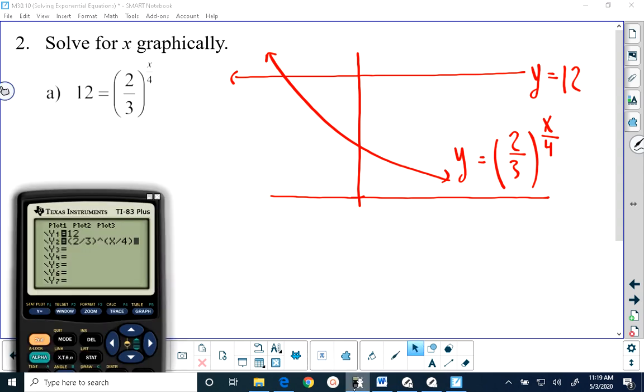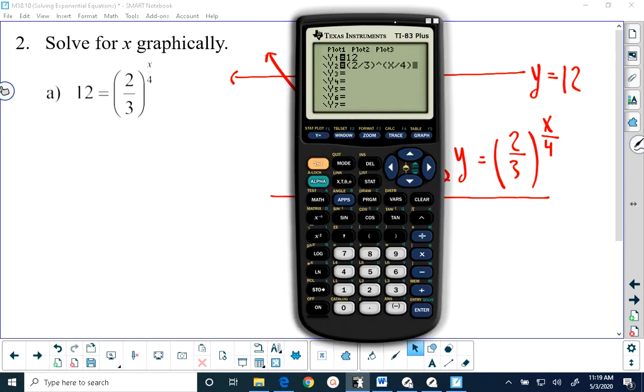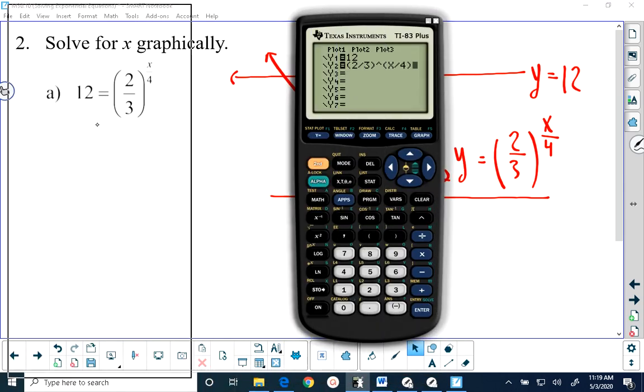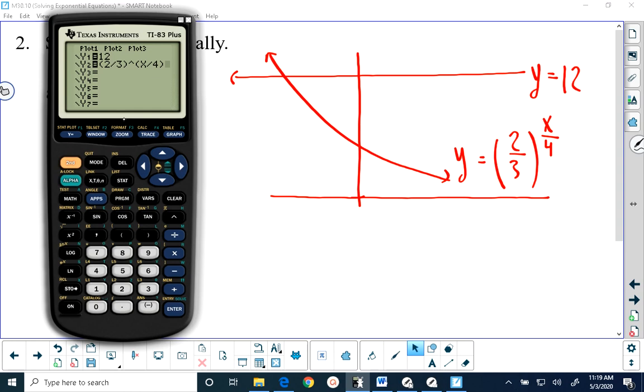Normally, what I would say to everybody is always try zoom standard first, but I can show it to you. If I go zoom 6, I'm not going to see the 12 because zoom standard goes from -10 to 10 in each direction. So I'm going to have to adjust my window settings to a higher y value if I want to see the 12. And there it is.